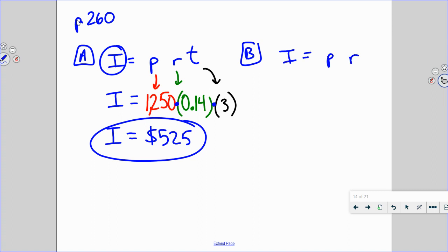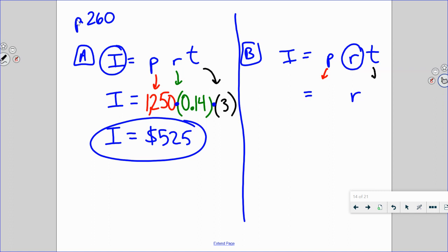So once again, I write the formula. If you want, pause, read example B. Now, example B says, what is the interest rate? I'm going to circle that, which means in order to solve this, we should know everything else. We have to know the principal, we have to know the time, and interestingly enough, we have to know the interest.